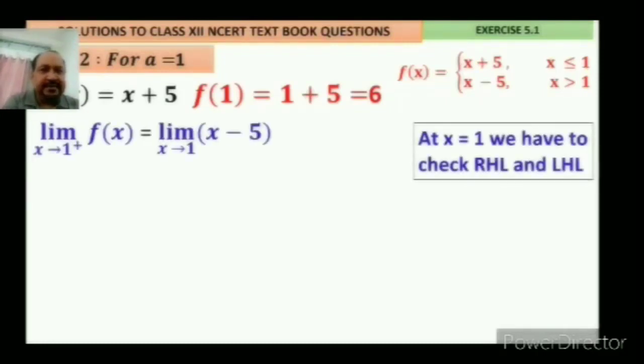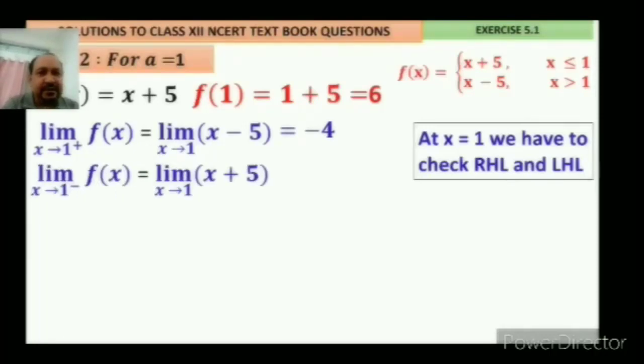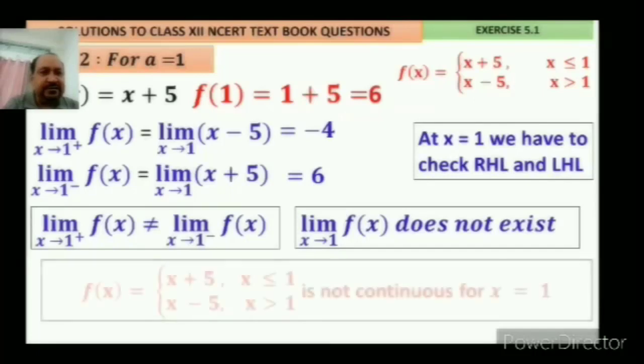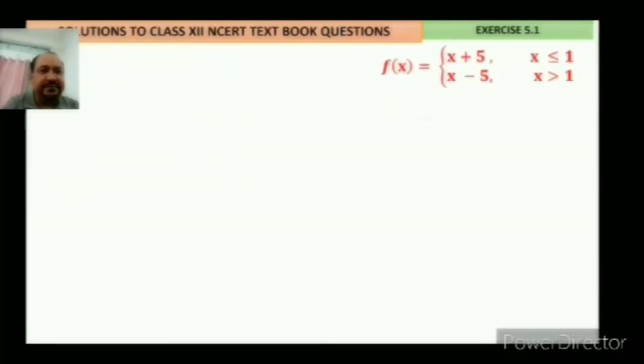Now right hand limit equals limit x goes to 1 of x minus 5, and the value of the right hand limit is minus 4. The left hand limit is 6. As you observe, the left hand limit and the right hand limit are not equal to each other, therefore the function is not continuous at x equals 1.